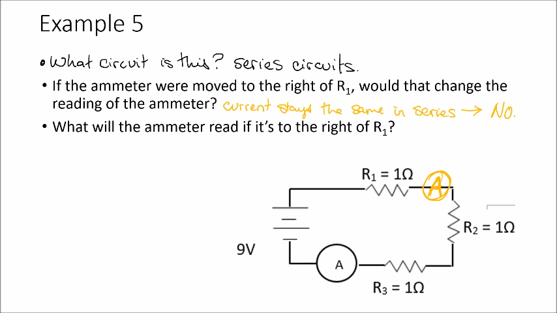So what will the ammeter read if it's to the right of resistor 1? In this case, we're solving for current, and we need to know the voltage and the resistance, but which voltage and which resistance?